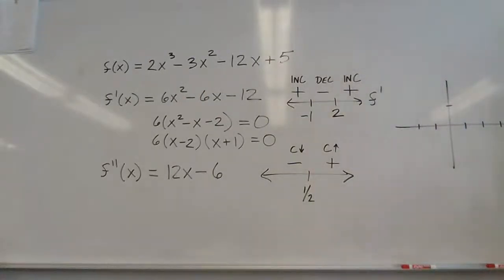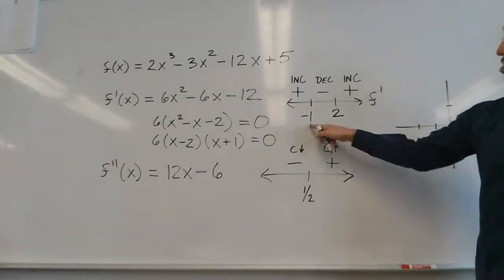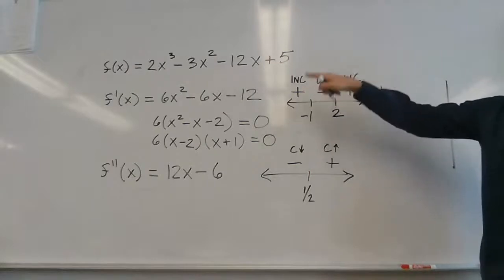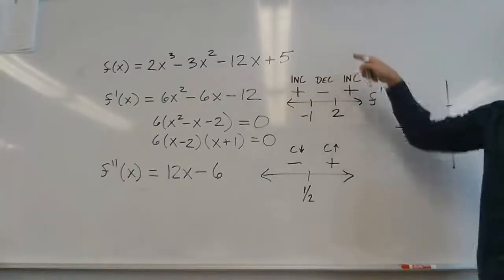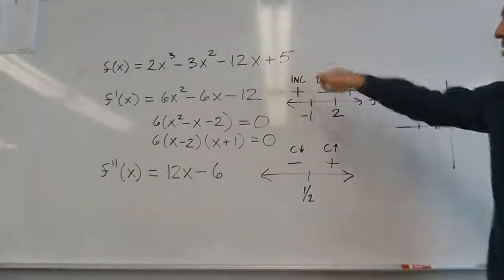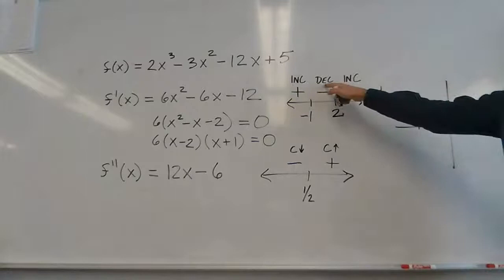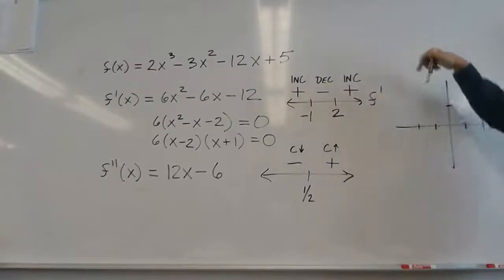So what's happening at -1? What kind of thing is happening? At -1, it's changing from increasing to decreasing. So what's the name for that? Extreme. Yep. Local max. Right? If we're going from increasing to decreasing, there's going to be a local max there. So there's going to be a local max at -1. And what happens at 2? Local min.